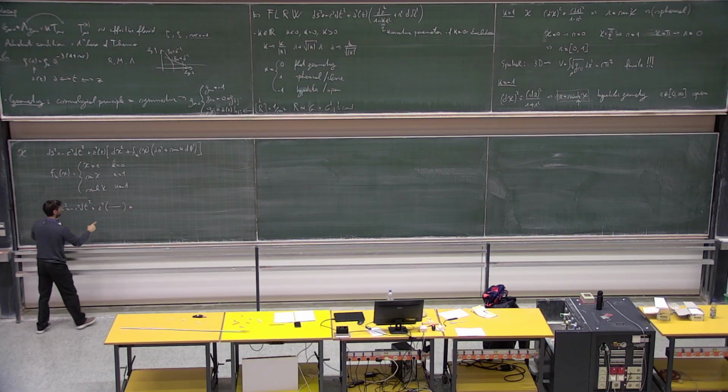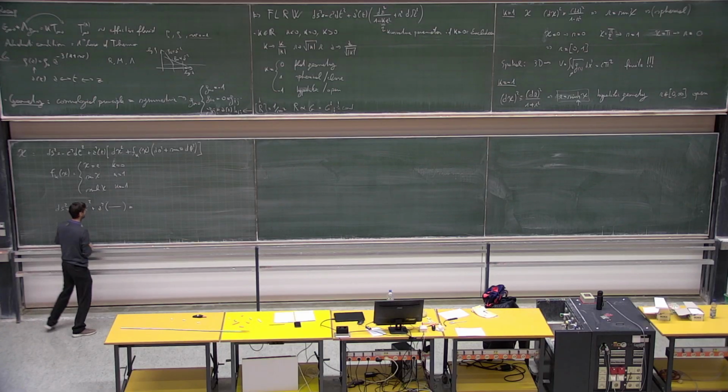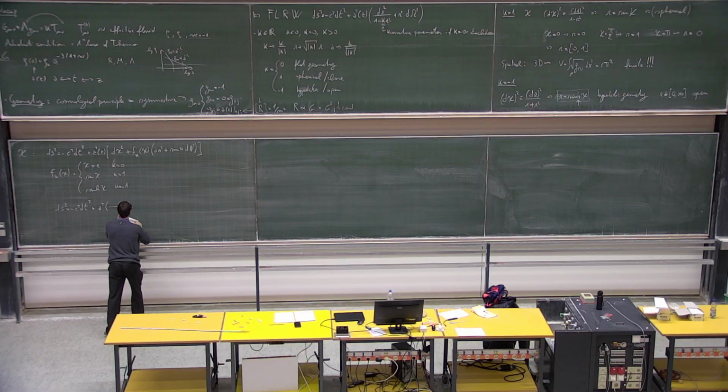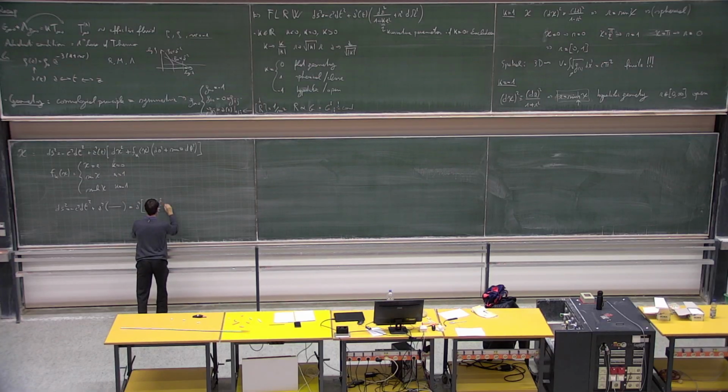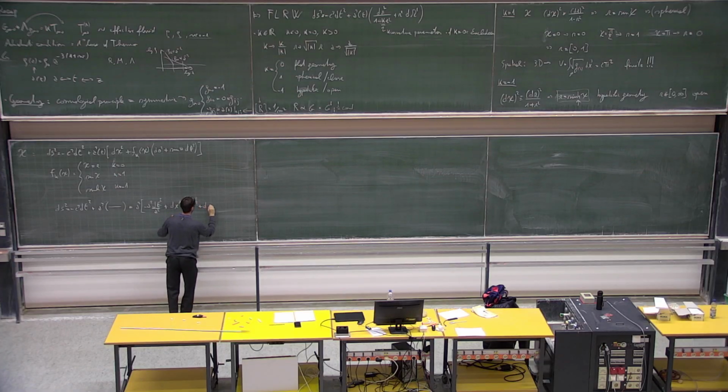Now what we can do is to group this a in front of everything. If we do that, we basically obtain a squared, and then we have minus c squared dt over a squared, plus the other components. Let's write it in Cartesian so that you also have the expression written with another set of coordinates.